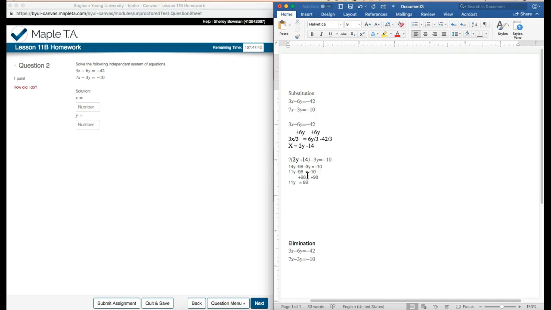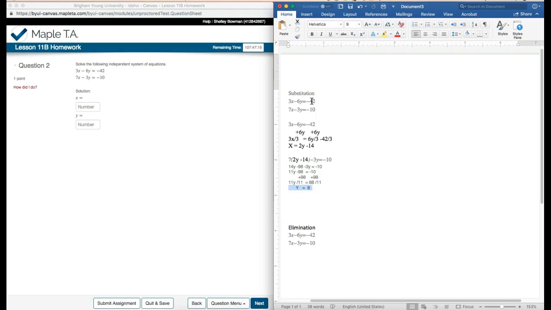And then to continue solving for y, I need to divide both sides by 11, which leaves me, 11 divided by 11 is 1, and 1 times y is just y. So on the left-hand side, I'm left with y equals 88 divided by 11, which is 8. And then I need to continue solving for x.